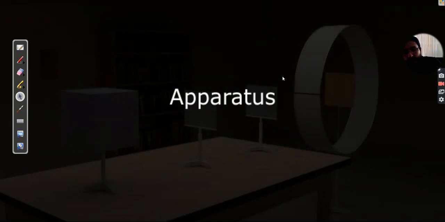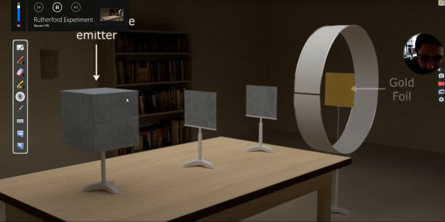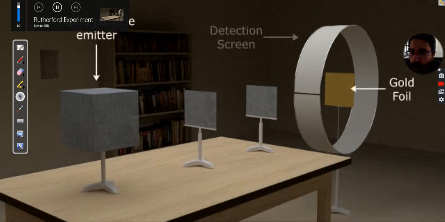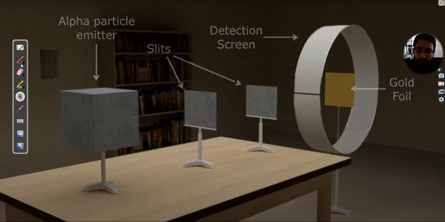It's emitted through nuclear sources. All right, so there is an alpha particle emitter. Some radioactive material is inside this lead block, and it's going to be allowed to release some radiation.